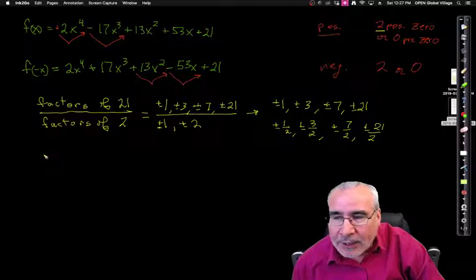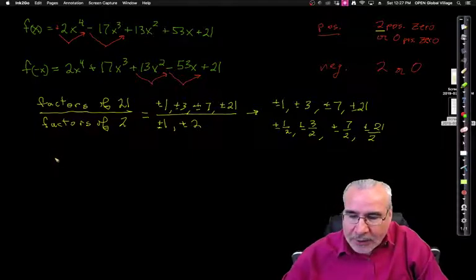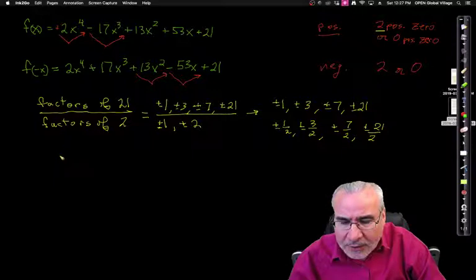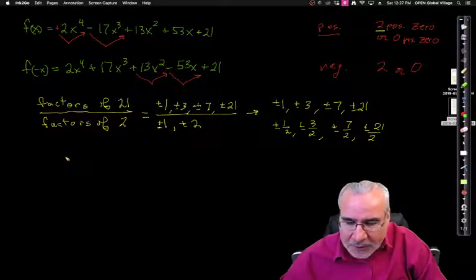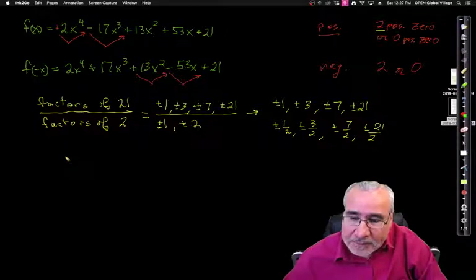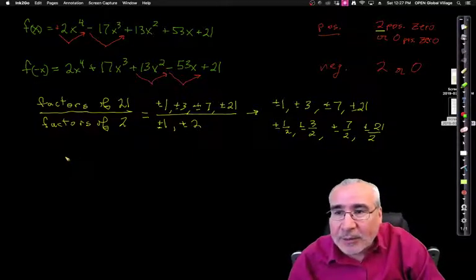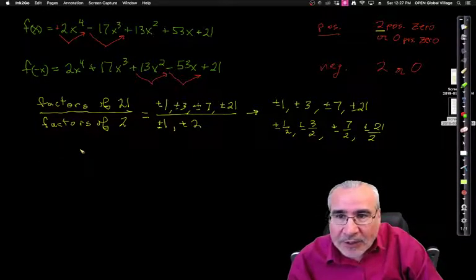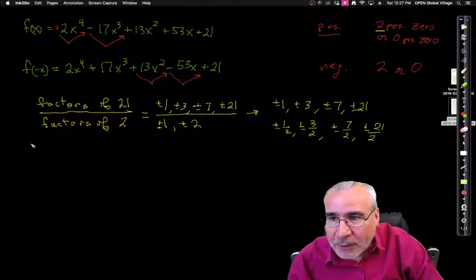Okay, so let's see how we set this up. So if we want to test, yeah, I had a couple examples on my paper, so it was confusing me. So we want to test, let's say, positive 1. We want to see if positive 1 is going to be one of our zeros.